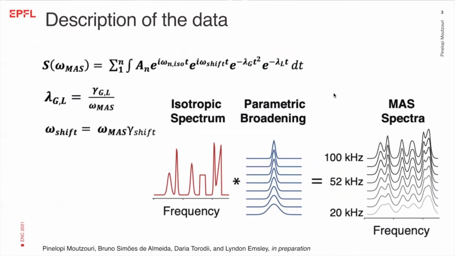Now, we will introduce a model in which we make no assumptions about the shape of the isotropic spectrum, but we will assume that in MAS spectra, the error terms lead to an MAS-rate-dependent symmetric broadening with a shape that is a sum of Gaussian and Lorentzian components, and that they also lead to an MAS-rate-dependent shift. As you can see in the schematic, every MAS spectrum shown here in gray can be described by the convolution of an arbitrary spectrum shown in red, which is isotropic, with an MAS-dependent broadening shown in blue.